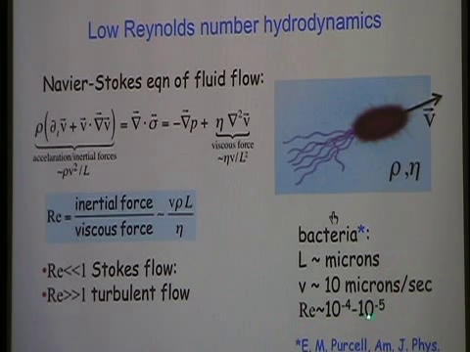That is a very small Reynolds number. We are well justified in being in this regime of Stokes flow. These things don't move in bursts of acceleration. They just move through the fluid very slowly. There is no inertial response in the system.